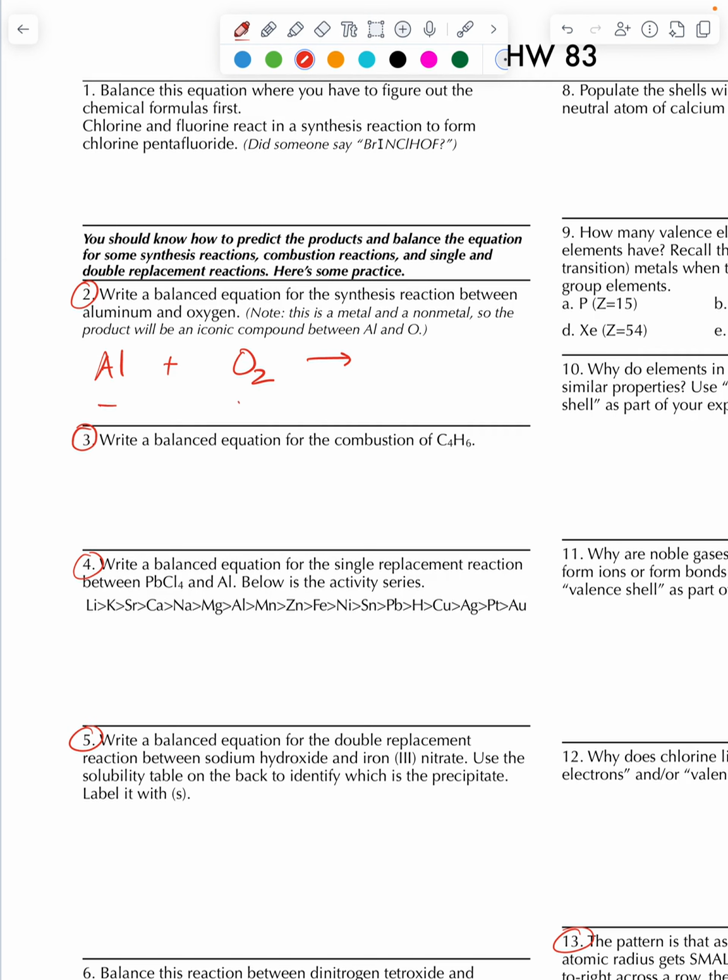Well, we have a metal and a non-metal. They're forming an ionic compound. So remember, aluminum likes to form 3+, and oxygen likes to form 2-. So it's going to form Al2O3, right? That's the synthesis reaction. The old even odd trick. And then domino effect. Sorry to go over it that quickly, but I think it's something that you know.